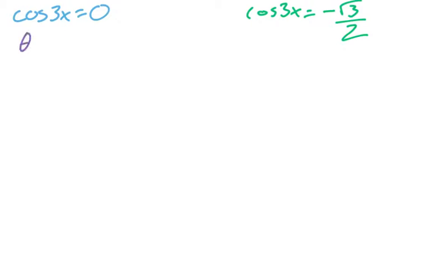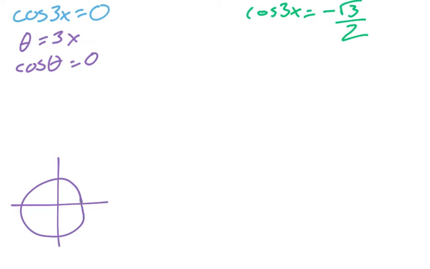Let's let theta equal 3x, okay? And then we're going to solve cosine theta equals 0, right? If you just think of the unit circle, you should be thinking, because cosine is the x value, where do you get an x value of 0?